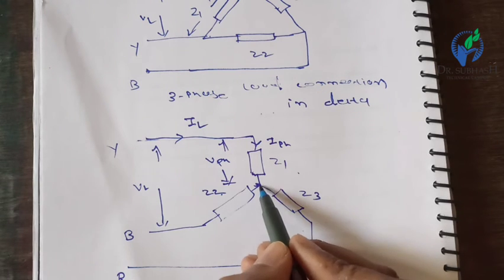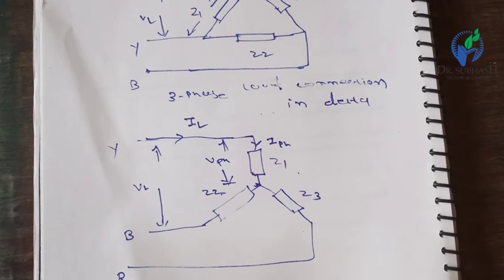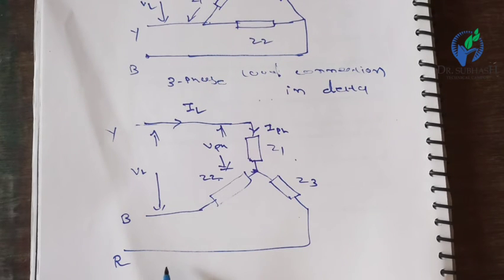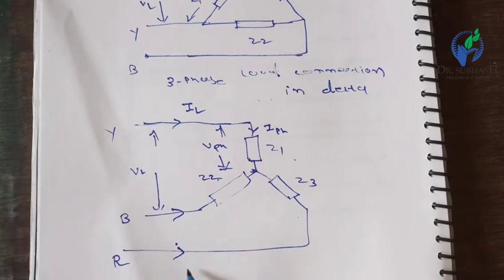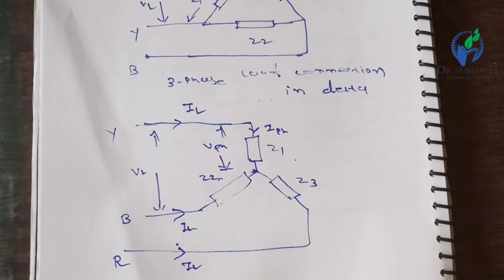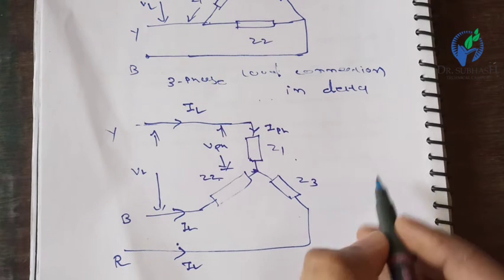Here is the neutral for the three phase star connected load. The current also passes in the neutral, and there is also the IL current. So this figure represents a three phase load connected in star.